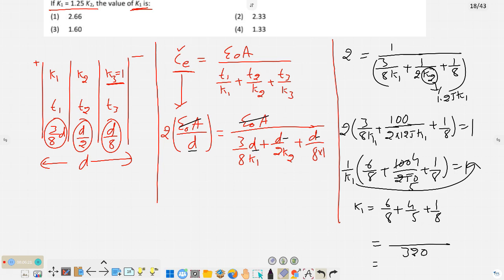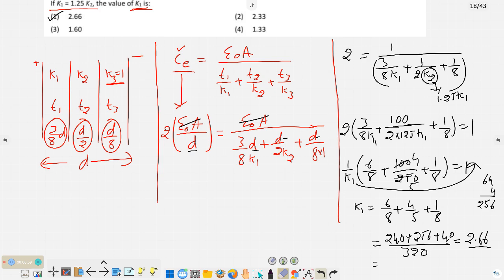If you take 320 as LCM, this is 240 you get, and based on this one, 64 into 4, so 256 you will get, and plus 40 you will get. So after solving, you will get K1 value nearly 2.66. You are going to get 2.66, which means if you see the options, the first option is correct.